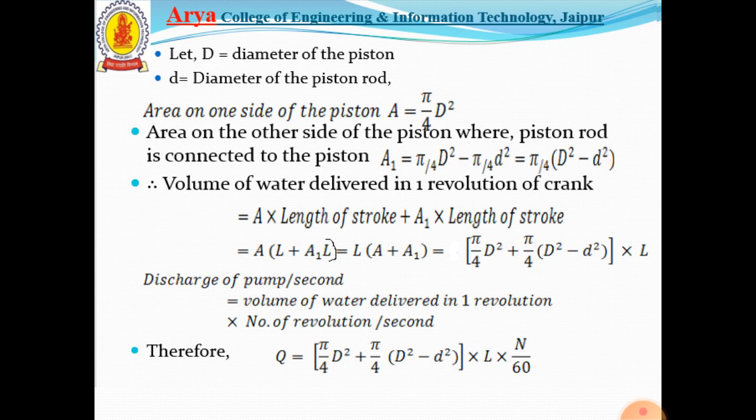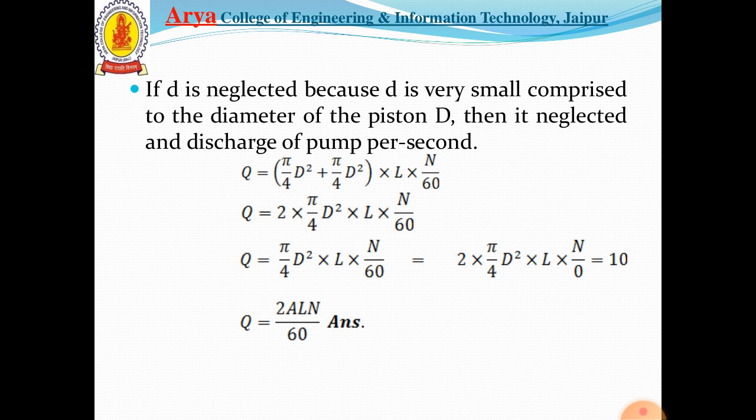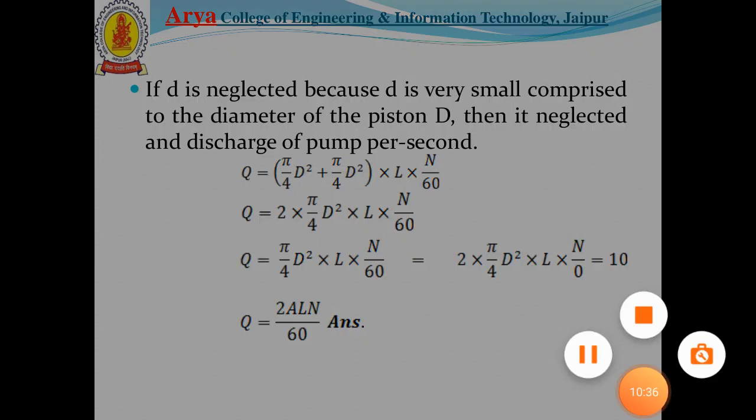Discharge of the pump per second can be calculated as the volume of water delivered in one revolution, in terms of the number of revolutions per second. Therefore, Q equal to pi by 4 capital D square plus pi by 4 capital D square minus small d square, into L into N by 60. If small d is neglected, as it is very small compared to the diameter of the piston, we can say that the discharge equals pi by 4 D square plus pi by 4 D square into L into N by 60.